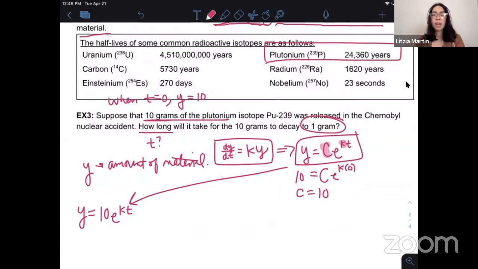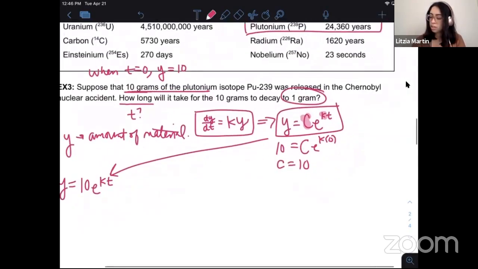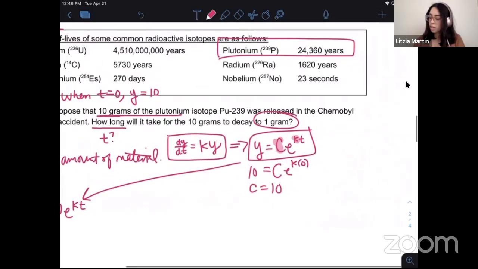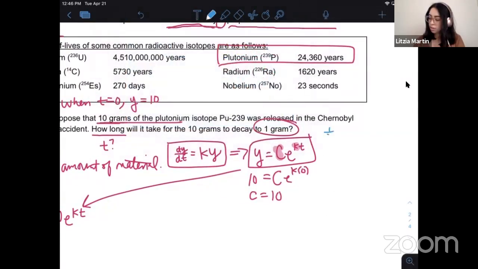So we know its half-life is 24,360 years. So I'm going to go ahead and just note that over here. Half-life is 24,360 years.